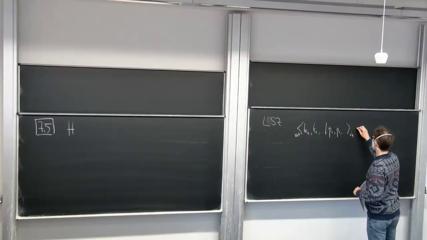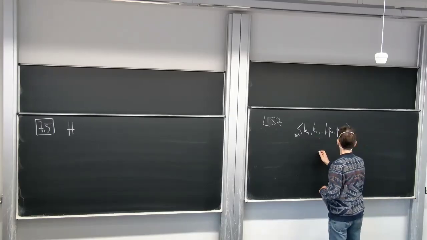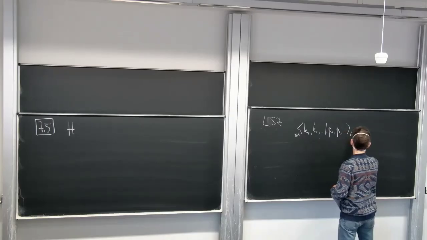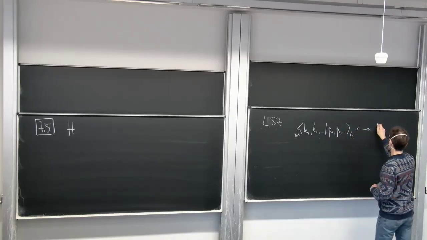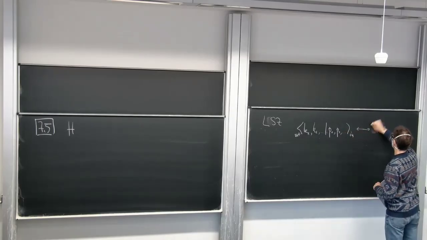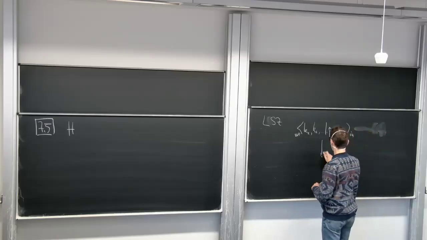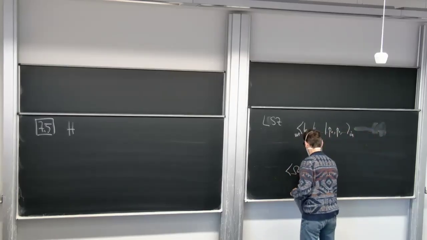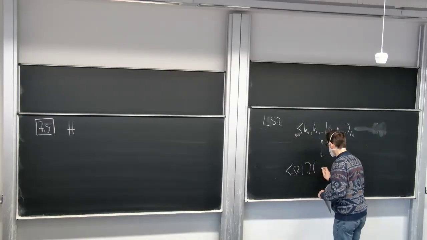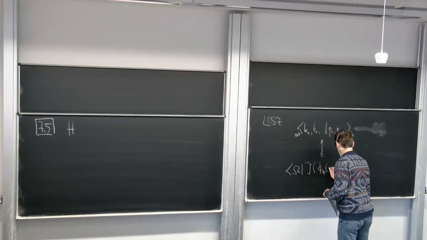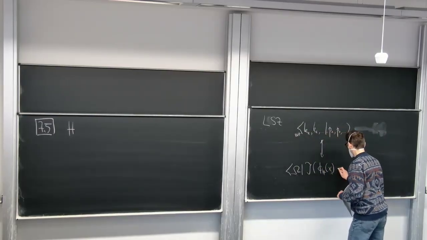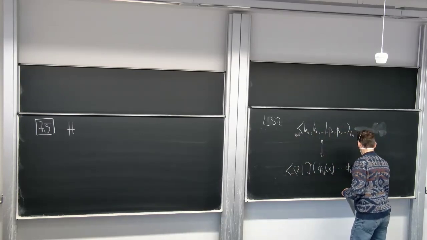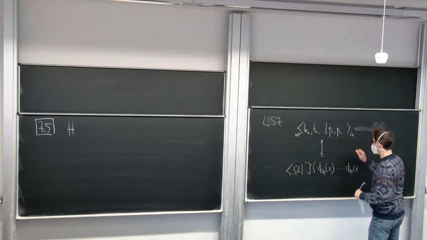And the formula wants you to input time-ordered correlation functions of all your fields, and you need as many as you have here in total.